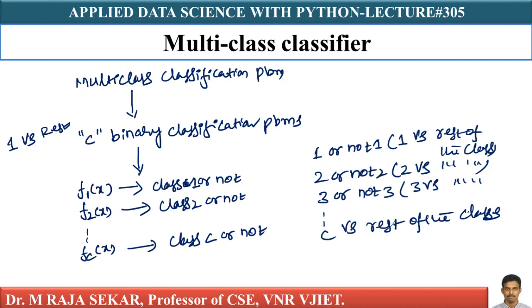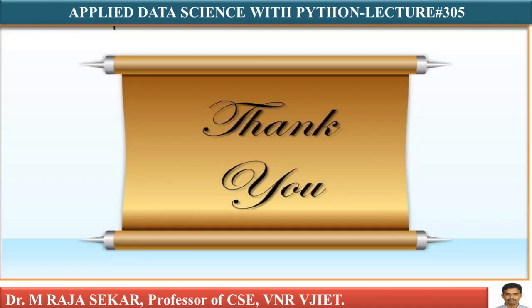Some classification algorithms like k nearest neighbors can easily be extended to multi-class classification. Other classification algorithms like linear regression may not be easily extended. In my next class, I will continue my discussion on the k nearest neighbors algorithm with the distance measure. Thank you very much.